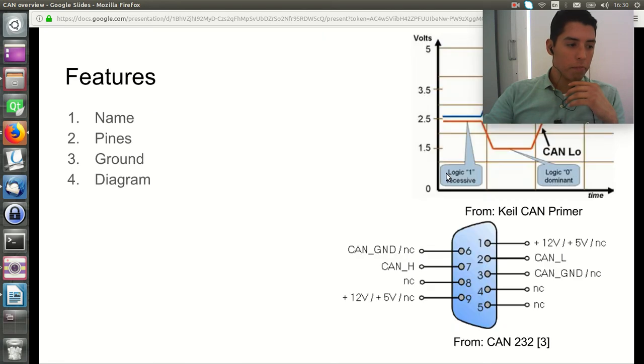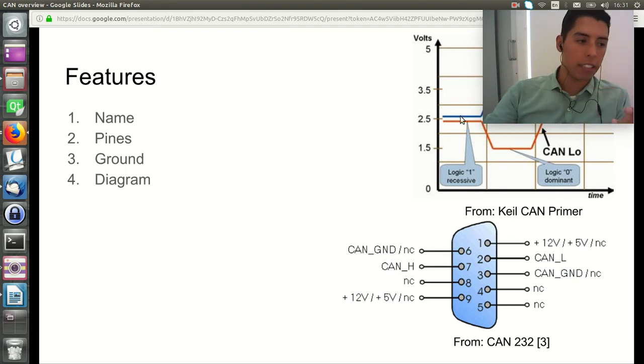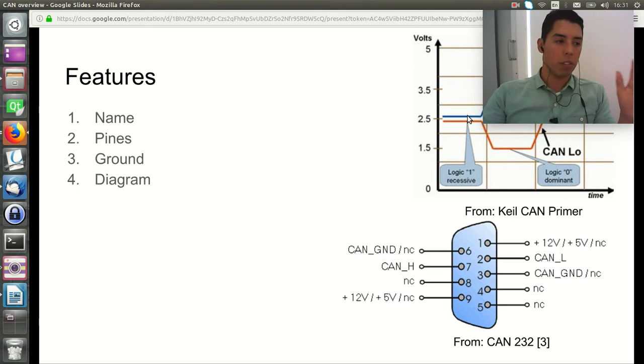In this diagram, when both signals are close, the difference between them is near 0 volts.